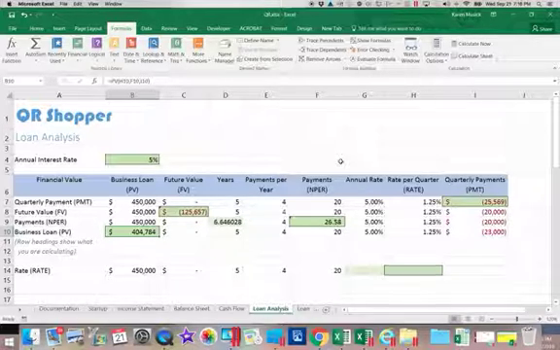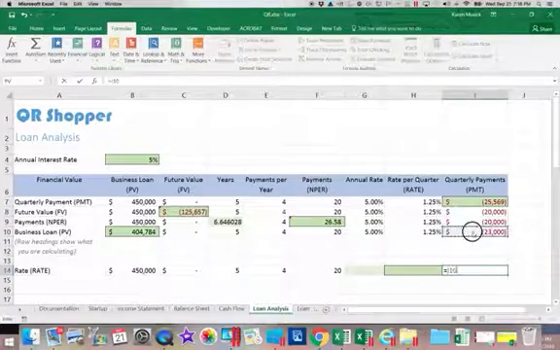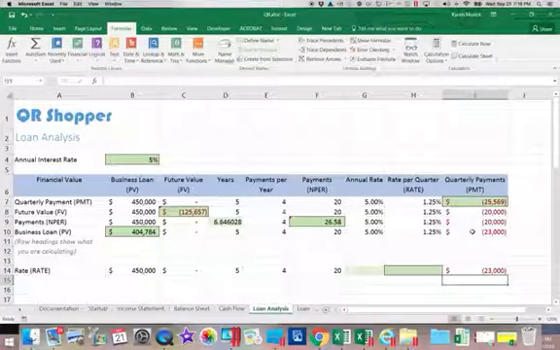And the last question they might want to try to figure out is, if I paid $23,000, how much would the interest rate have to be for me to pay off a $450,000 loan?